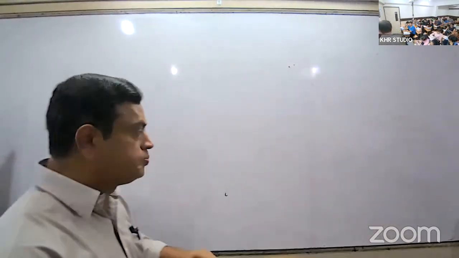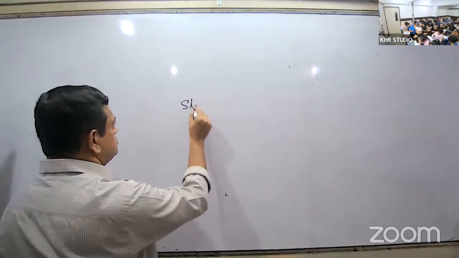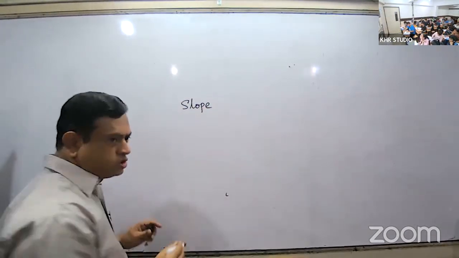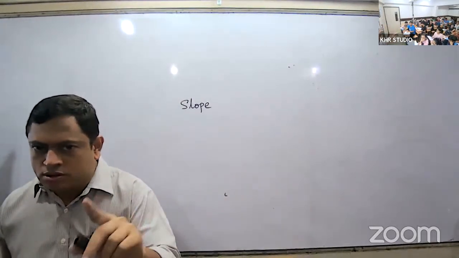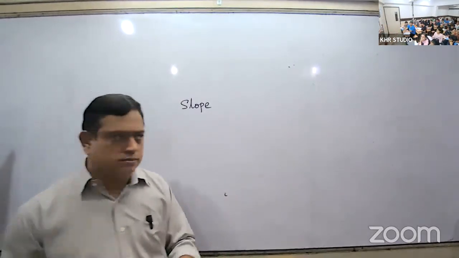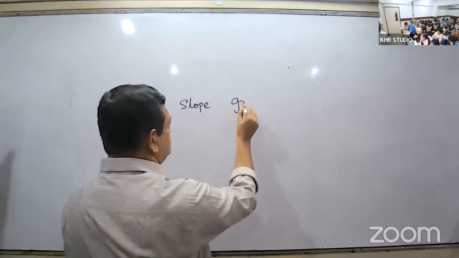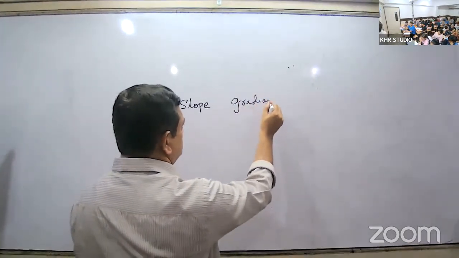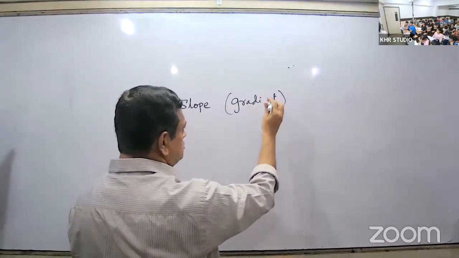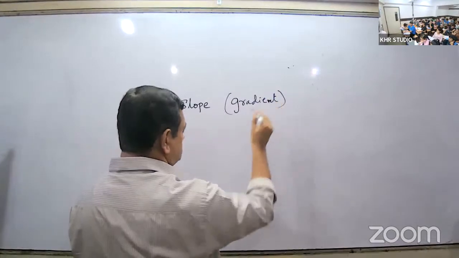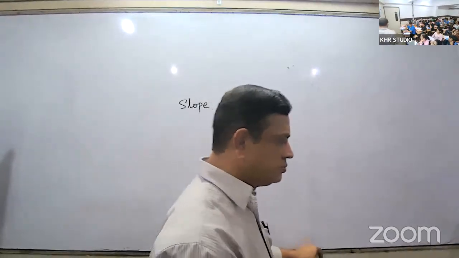Slope. There is another name for slope, does anyone know? Gradient.